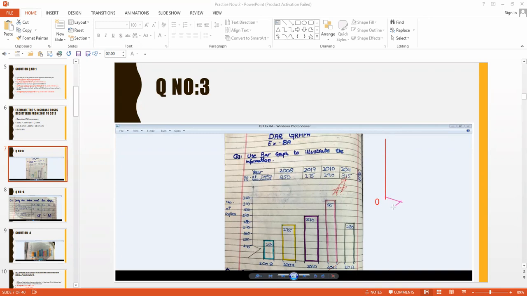This one is the second line. Okay. And then again, we have to move towards the same graph. Okay. Now, give me a moment, I want to remove this 0. Okay. Now, again, I have to write the 0 in the correct position. Here, I have to write 0.